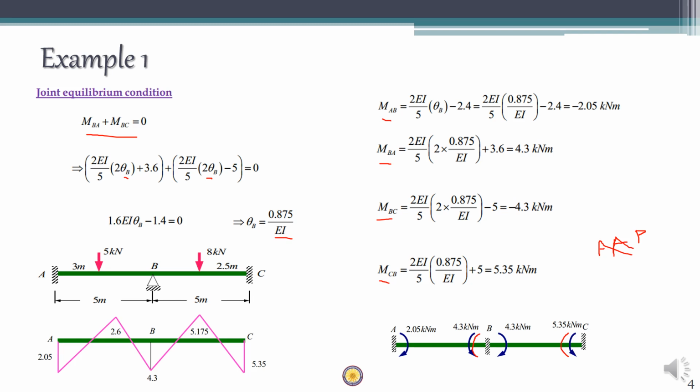So MAB is minus 2.05, so we draw a clockwise moment at A in the span AB, and MBC is again minus, which means it is again clockwise. So we draw a clockwise moment at B in the span BC. Clear? So once these moments are obtained, you can find out the reaction values as well as draw the final bending moment diagram.